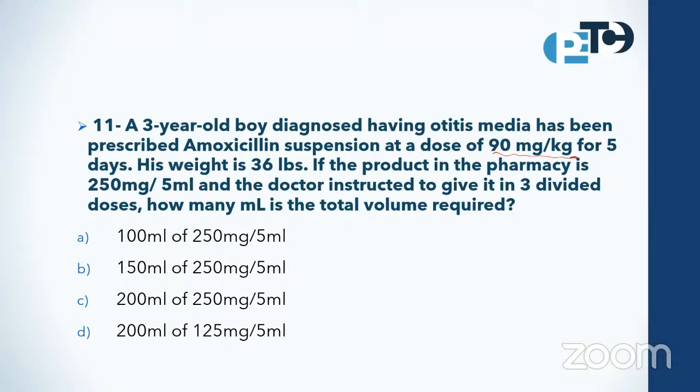His weight is 36 pounds. The product in the pharmacy is a bottle with a concentration of 250 milligram per 5 milliliters, and the doctor instructed to give it in 3 divided doses. How many milliliters of the total volume are required?